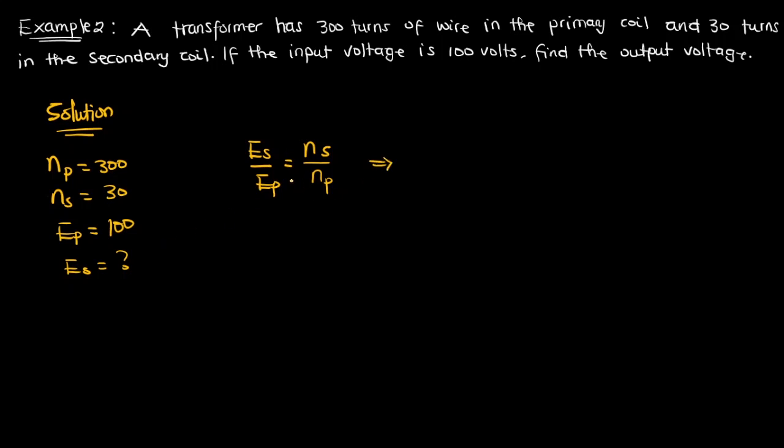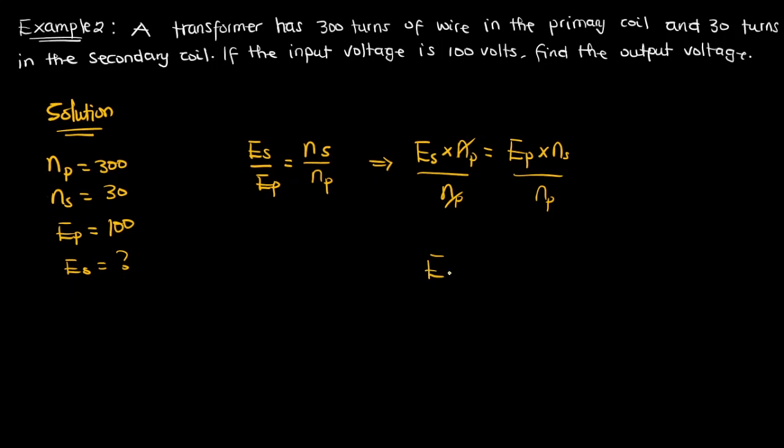From here, let me make ES the subject. I'll first of all cross multiply. So ES multiplied by NP is equal to EP multiplied by NS. We want to find ES, so I divide both sides by NP. This will cancel this.